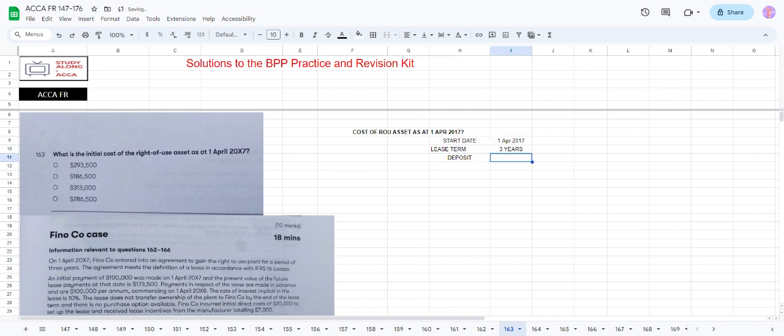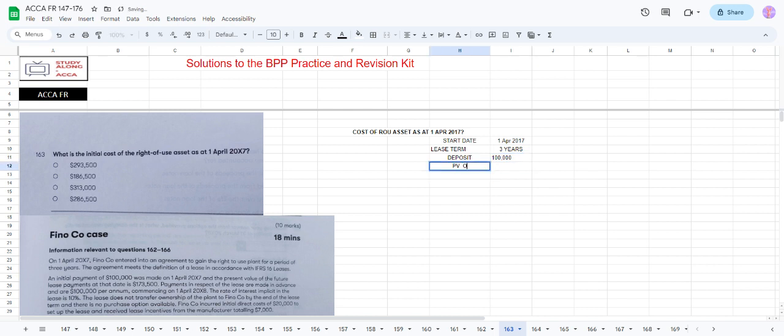So they made a deposit of 100,000. It was made as an initial deposit, and then there are future installments.